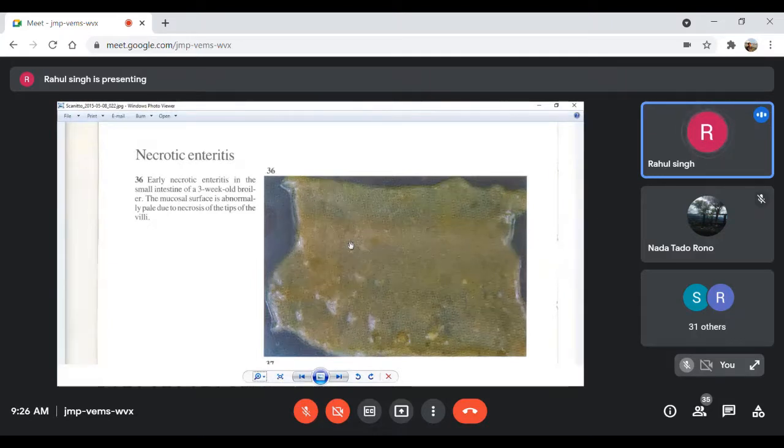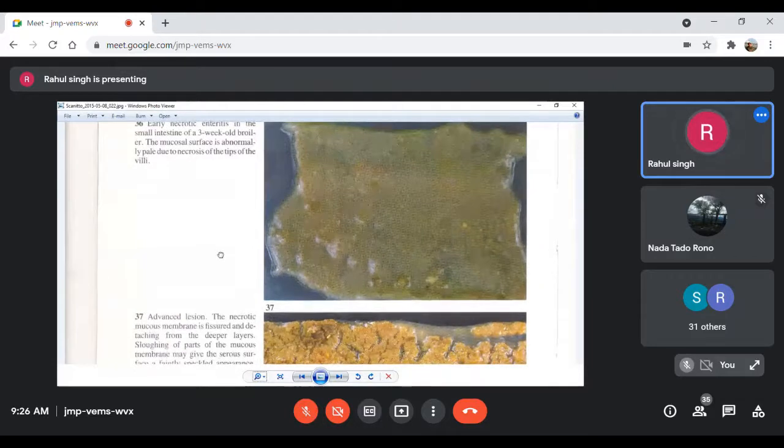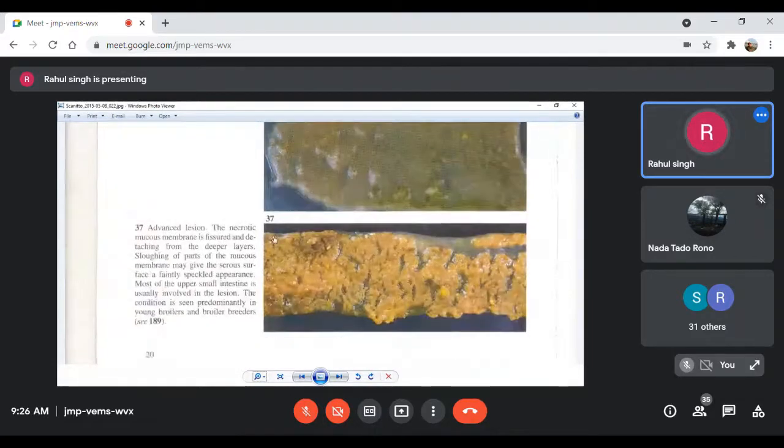It becomes translucent. The light is literally passing through it, isn't it? There are numerous large ones, which are feed particles, and small ones, which are the necrotic debris. Can you see this reflecting part? Necrotic debris. This is the early part of necrotic enteritis, and these are the advanced lesions of necrotic enteritis.